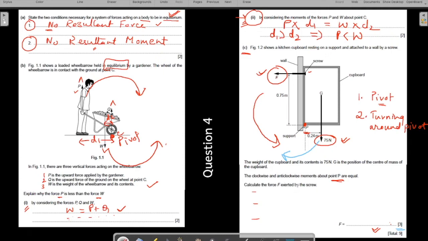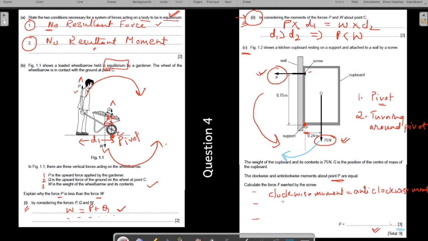We say, because the object is in equilibrium, therefore the clockwise moment will be equal to anti-clockwise moment. So you can say clockwise moment is equal to anti-clockwise moment.